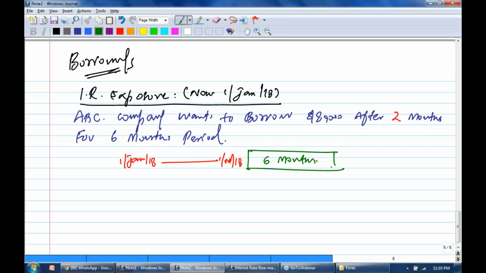Do remember, you have only 2 months to protect the 6 months interest. To protect the 6 months interest, this is the most important thing.